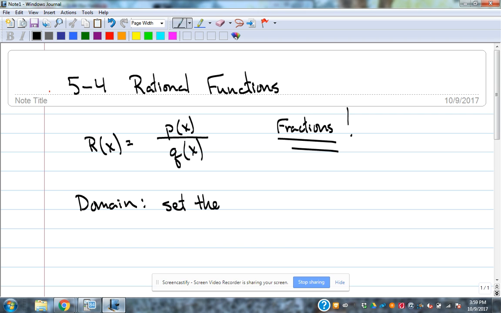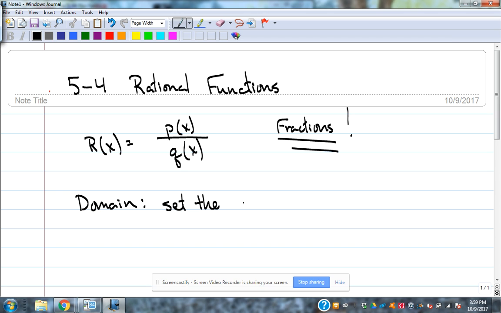What that means is we're dealing with a polynomial in the numerator and a polynomial in the denominator. That's a rational function. With the domain of a rational function, since we're dealing with a fraction, it's a polynomial in the denominator, so that means it has a variable. And that's one of our red flag things for finding a domain that we talked about earlier in the course. So the domain, to find that, you set the denominator equal to 0.